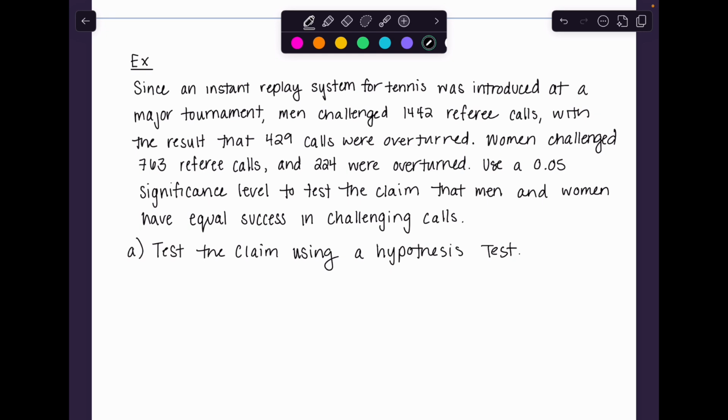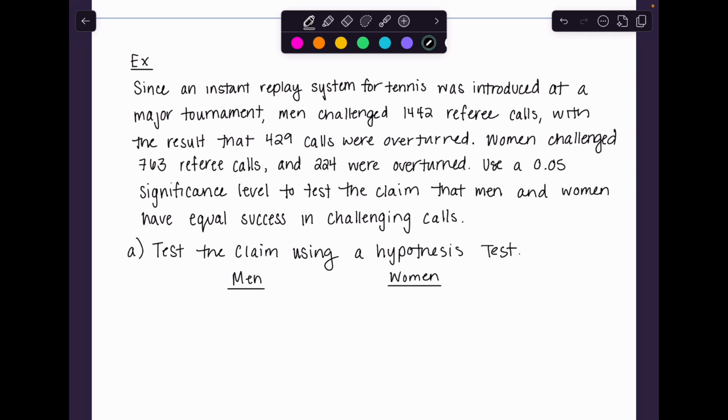So again, I have two populations, one being men, one being women. It doesn't tell me to make one versus the other, so I'm just going to go in order. We're going to call men the first population and women the second population.